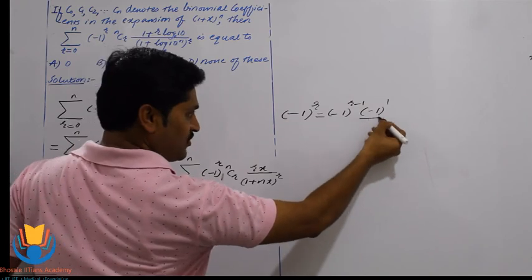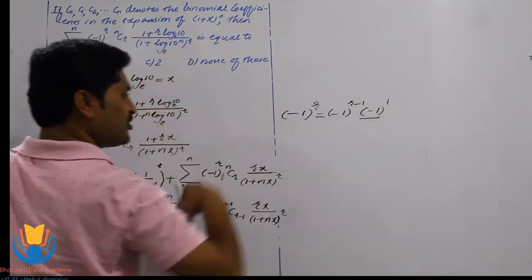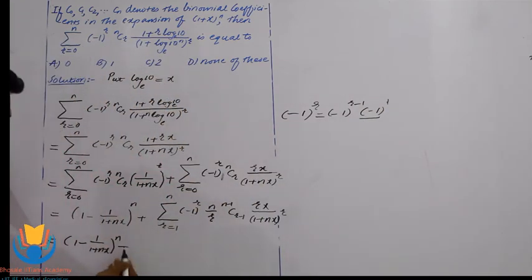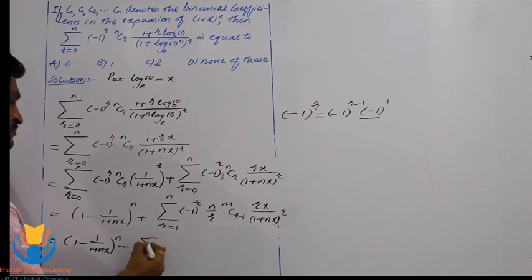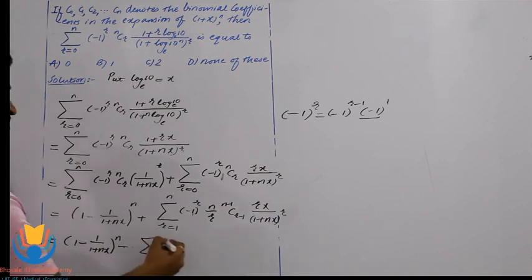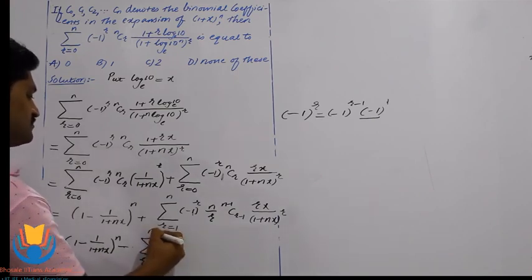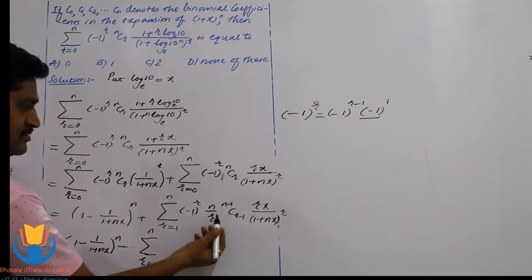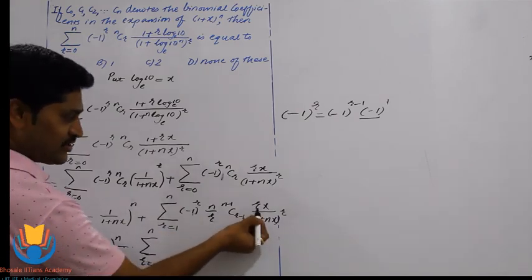So this minus 1 raised to 1, that is minus 1, we are going to take outside. So here it will be a minus sign. That means one of the minus 1 I am going to get outside, and the summation is from 1 to n. And one more thing, this particular r and this r are going to get cancelled.